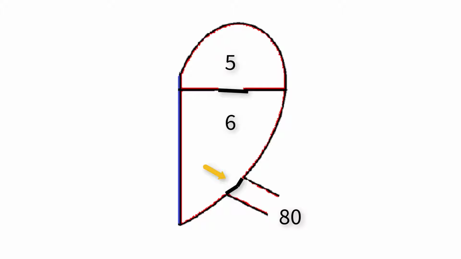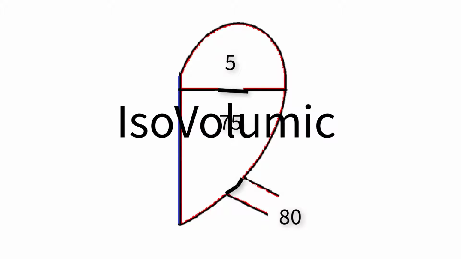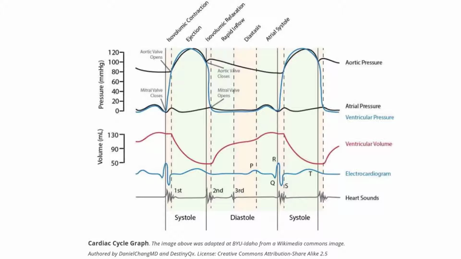But the ventricles are going to continue to squeeze, and the pressure is going to increase. It's going to keep going up. But until the pressure actually passes 80, the blood has nowhere to go. Appropriately, this phase is called isovolumic, or same volume. Both doors are shut. And let's take a look at the line for ventricular volume.